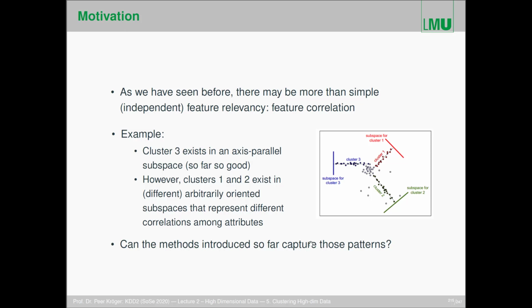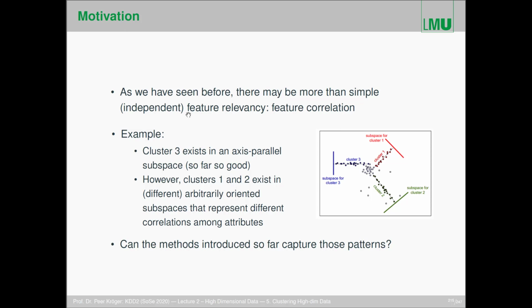So, just a short motivation. We've seen before a lot of methods for finding axis-parallel clusters, but there may be more than simple independent feature relevancy. Axis-parallel subspaces of course have the assumption that the features are not correlated, so they are not dependent, they are independent.